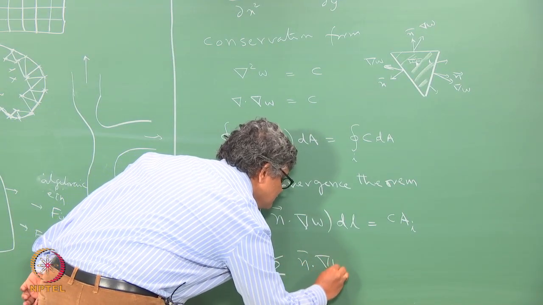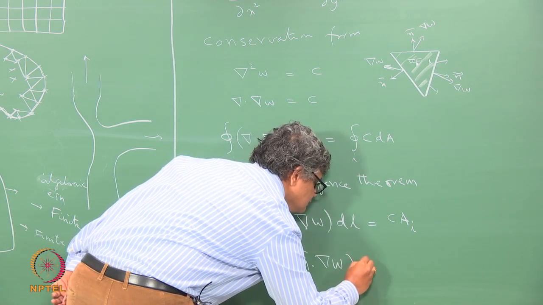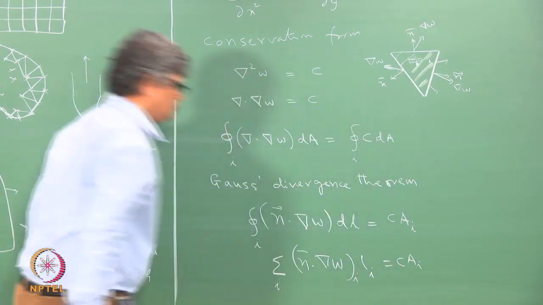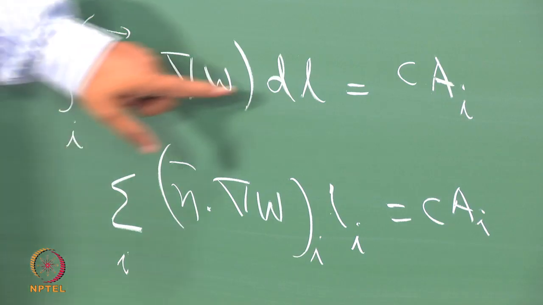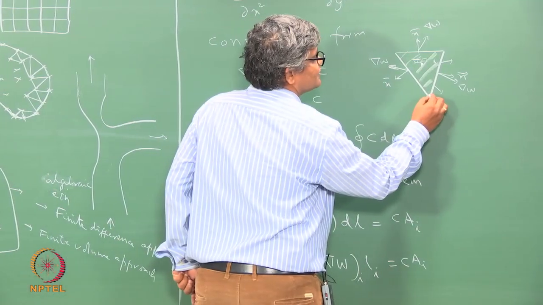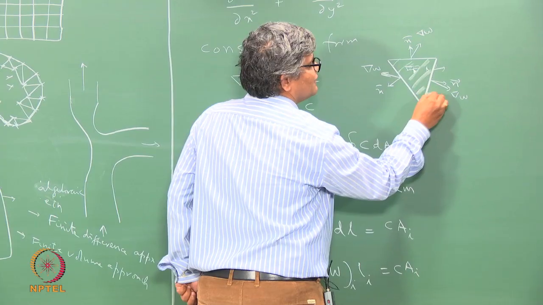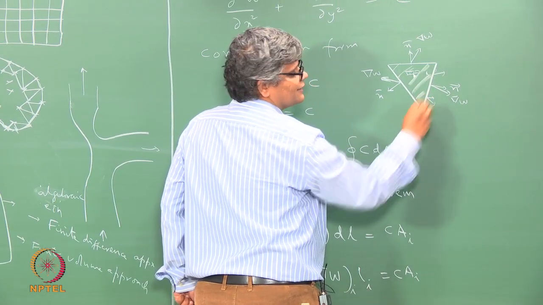n dot, okay. So, this is a continuous integral along the length. You start from here and then you go along this, and then at each point you evaluate the surface normal vector and the gradient, and then you integrate over this. Okay.